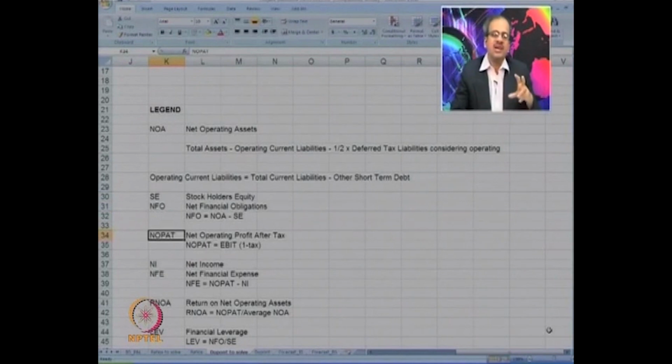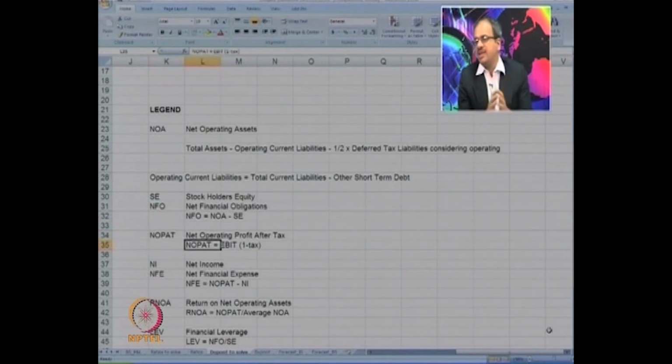Then one important figure is NOPAT, which is net operating profit after tax. I hope you all know operating profit. This is a profit which is generated from operations. From that, for calculating NOPAT we will take EBIT, which is earnings before interest and tax, times 1 minus tax. So whatever tax would have been charged on these profits, we will try to reduce.